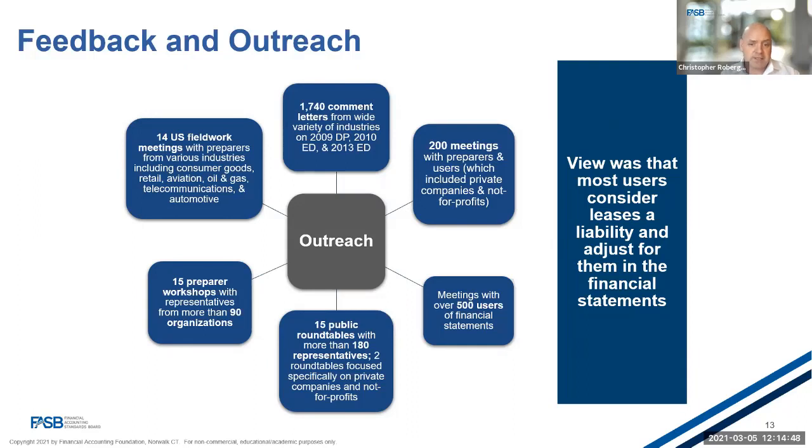lessee to recognize assets and liabilities for the rights and obligations created by operating leases. The board developed Topic 842 principally to improve users' understanding about lessees' obligations under lease contracts, to increase the decision usefulness and comparability among organizations by recognizing operating leases on book and disclosing key information.